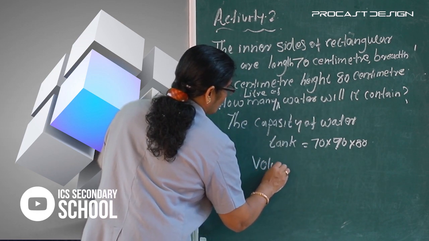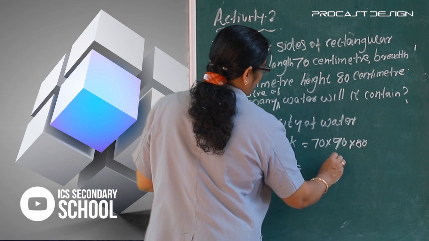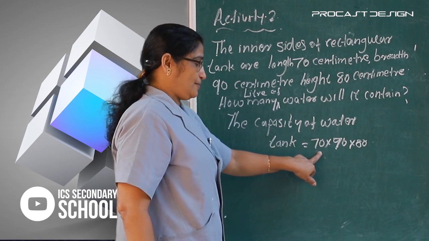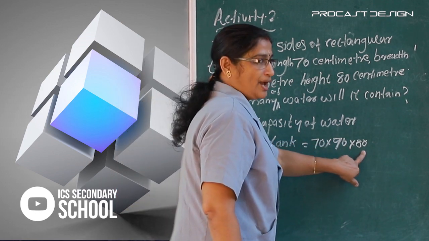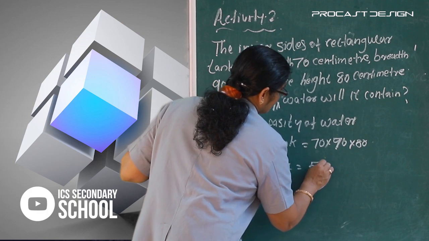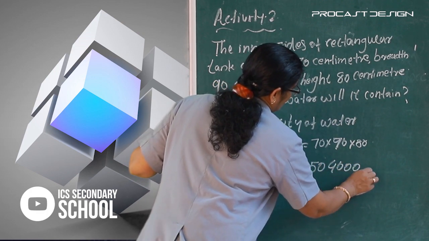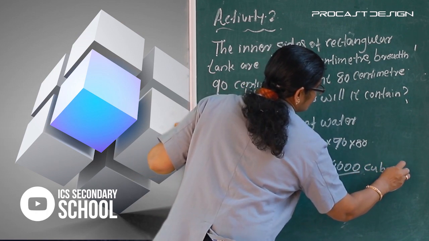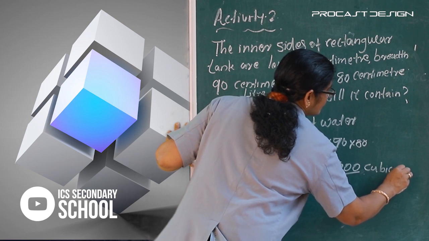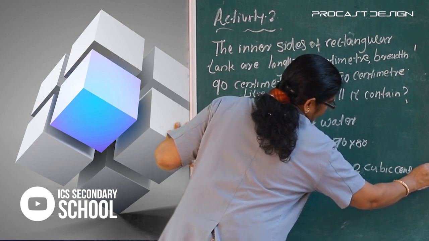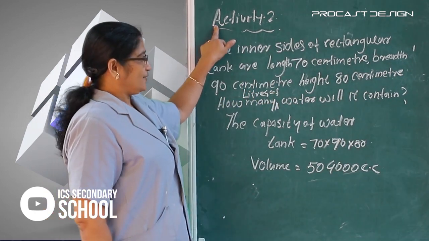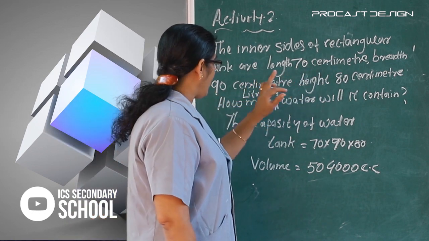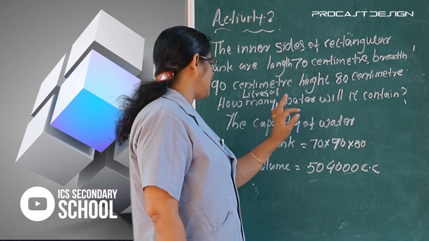Volume. Activity 2: the sides of the rectangular tank are length 70 centimeter, breadth 90 centimeter, height 80 centimeter.